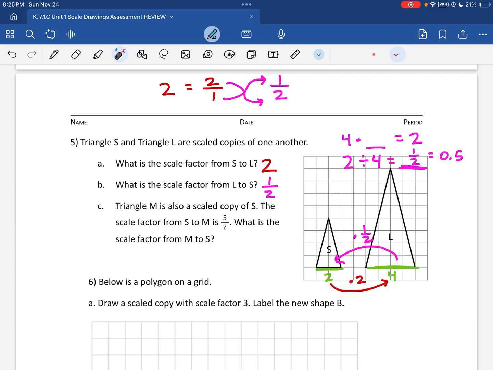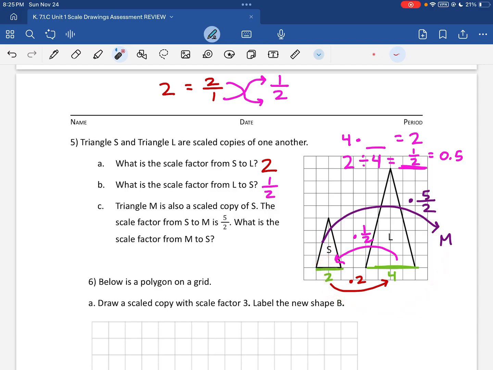And that's especially helpful when I get to problem number C, where it says, well, imagine there is another triangle that's M, and M is also a scaled copy of S. And in order to make M, they multiplied to go from S to M. The scale factor was 5/2, so I know that I was multiplying by 5/2. What would it be if I reverse that and I want to go back from M to S?